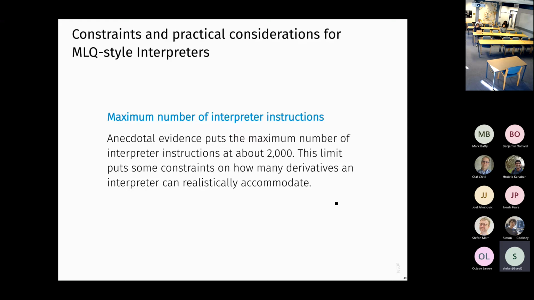So the compiler could not compile a program that had more than 2,000 cases. There was just deemed to be a maximum possible case. I haven't replicated this, but I believe that it probably makes sense for compiler writers to assume an upper limit for an interpreter. And so the best number I have is that 2,000 is the maximum you can do. And this obviously puts limits on our interpreter optimizations.